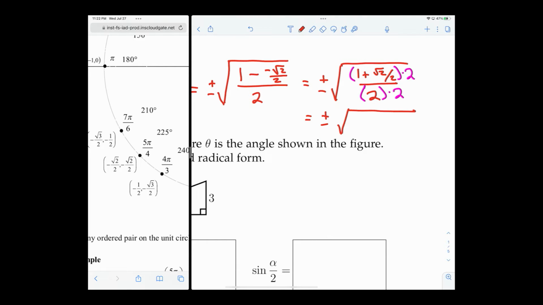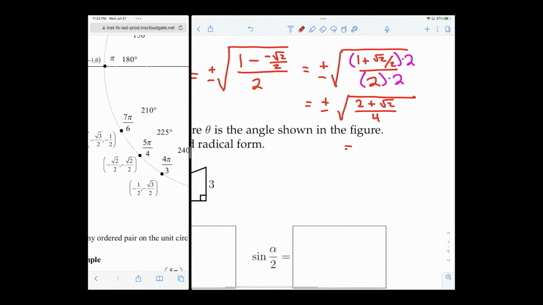The 2 times the 1 is 2. The 2 times square root 2 over 2 is square root 2. And on the bottom, 2 times 2 is 4. Then, if you want, take the square root of the 4 and make it plus or minus square root of 2 plus square root 2, over 2.